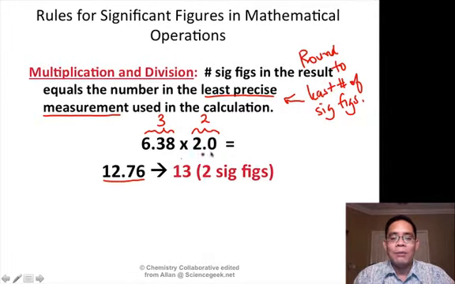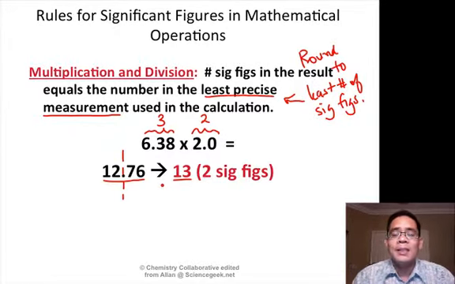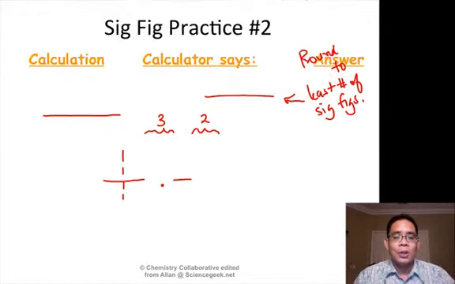So what you have to do is round to the least number of sig figs. 2.0 has the least number of sig figs, so you cut off the 12 right here because 1 and 2 are the first 2 sig figs. The 7 causes the 2 to round up and you get 13. And that would be the answer you would report after you do your multiplication and division. So again, it's pretty simple. Round to the least number of sig figs when you talk about multiplication and division.